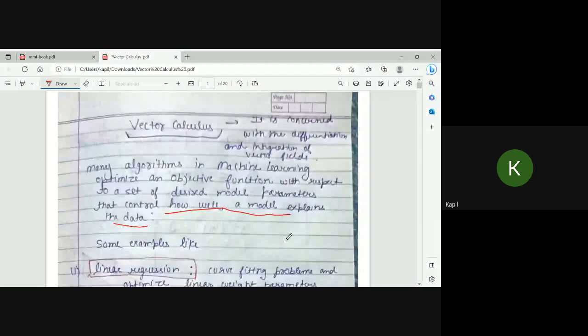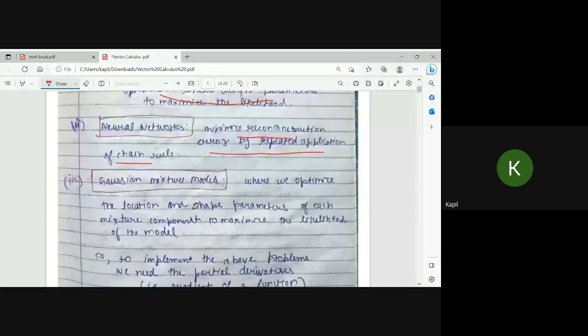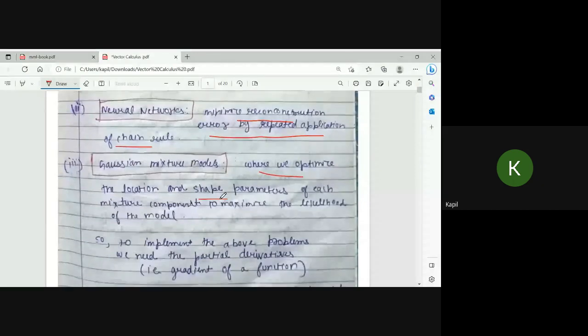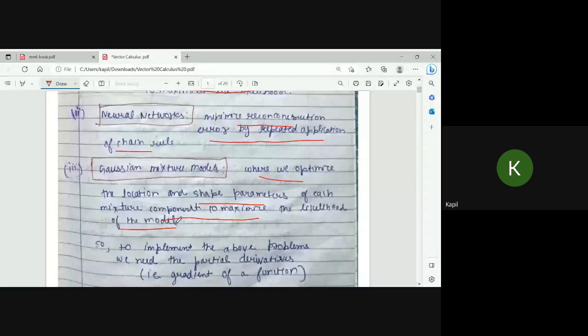The third one is Gaussian mixture models, where we optimize the location and shape parameters of each mixture component to maximize the likelihood of the model. These three examples we will discuss in the upcoming chapters. I have just given an overview of these examples to show that vector calculus is needed in these problems. To implement them, we need partial derivatives, that means the gradient of a function. Therefore, vector calculus is one of the fundamental mathematical tools we need in machine learning.